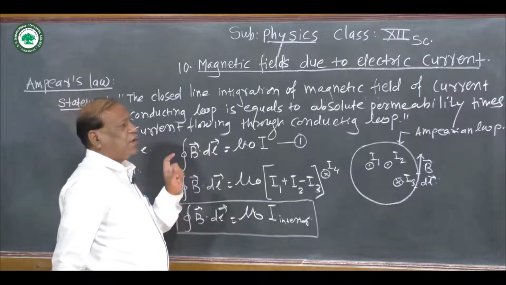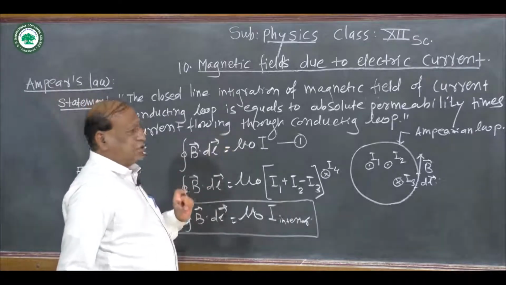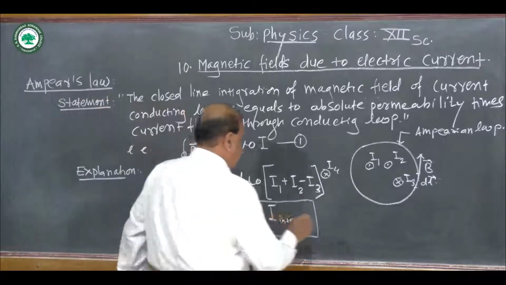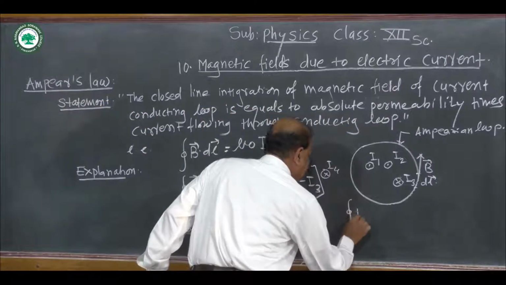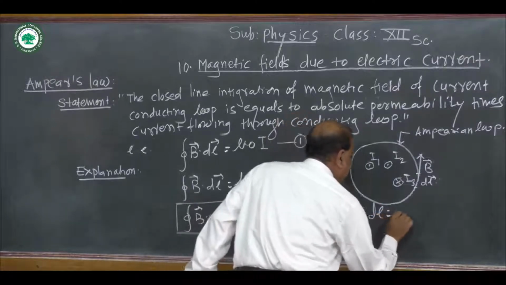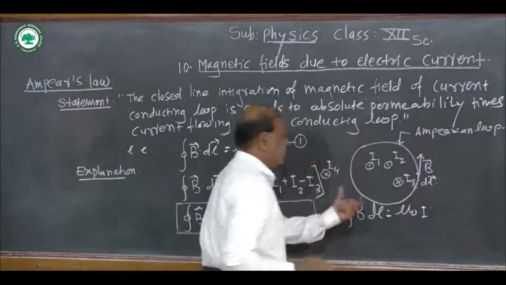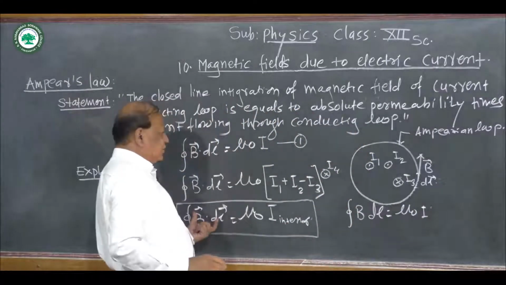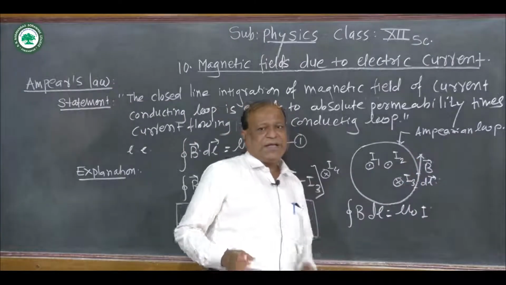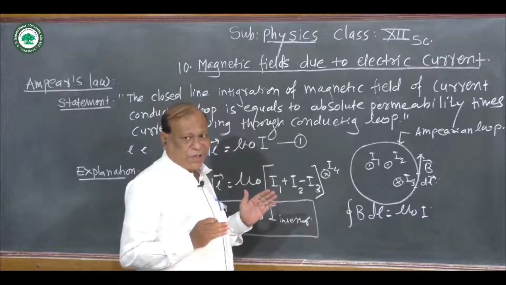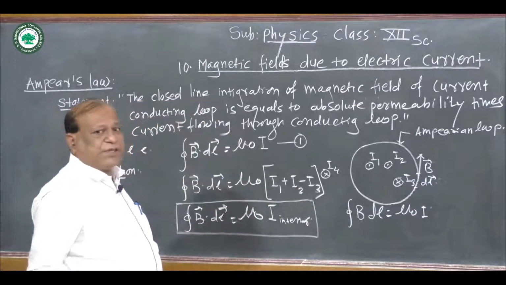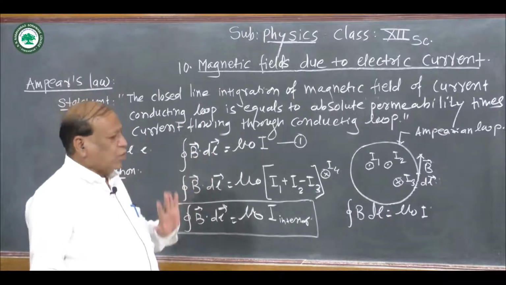Here the value of theta is 0, and cos 0 is 1, and then that equation becomes the line integration of B dl is equals to mu 0 times the current. Now replacing this dot product by only B dl if B and dl are parallel to one another. In this way we can easily explain this Ampere Circuital Law or Ampere's law.